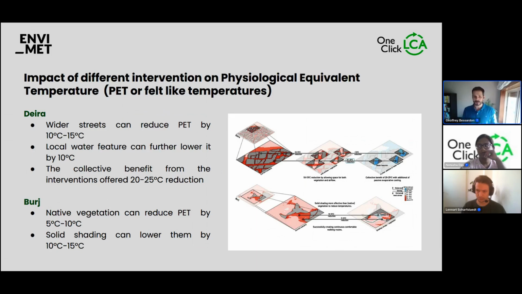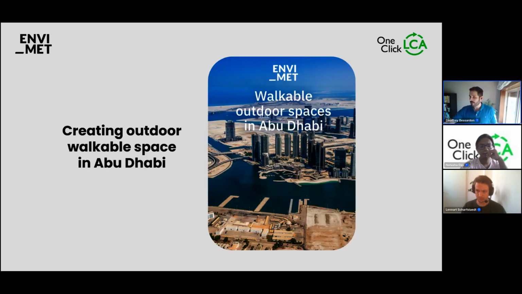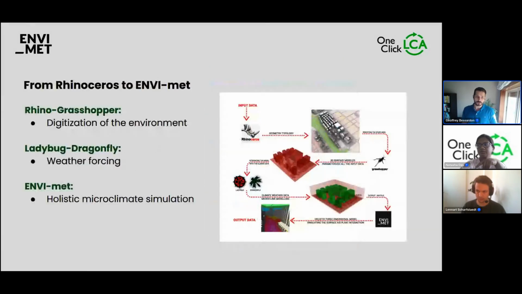Now we can look at another case study about Abu Dhabi. The idea is to get walkable outdoor spaces in Abu Dhabi. Next slide. This case study is interesting because you can also look at the whole workflow with ENVI-met using our Rhino plugin.